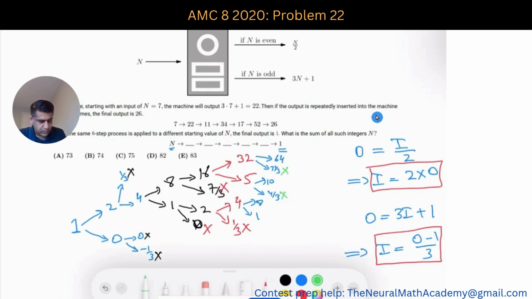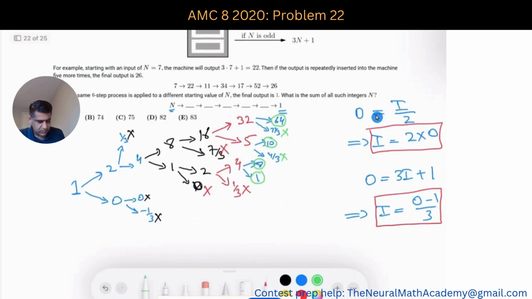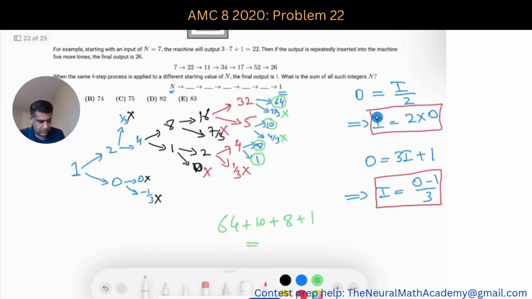The possible ends are then 64, 10, 8, and 1. So if I sum these up, 64 plus 10 plus 8 plus 1, the answer is then 83. So E is the answer for this question.